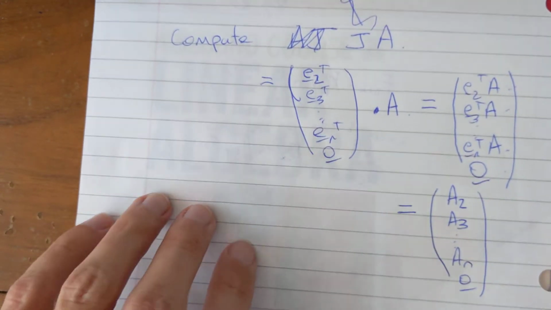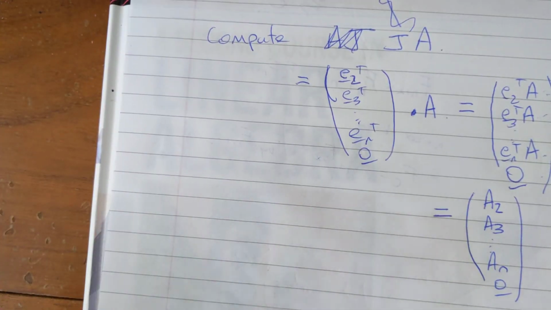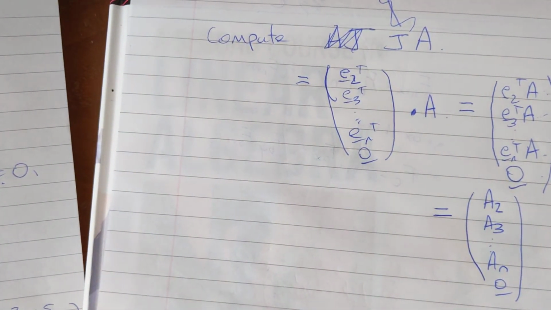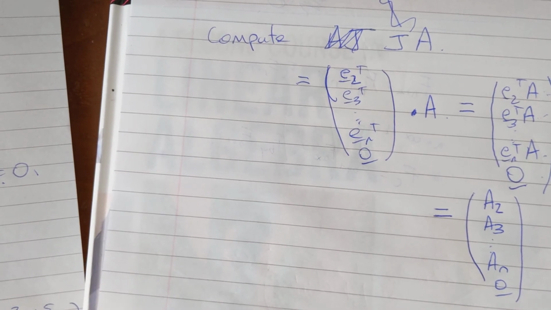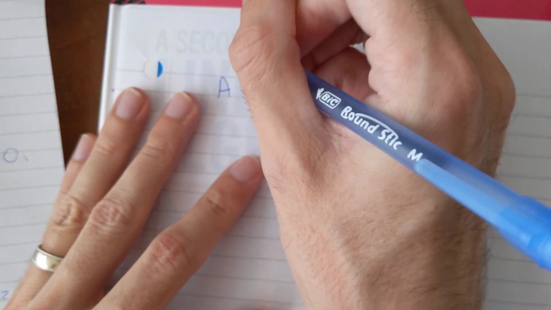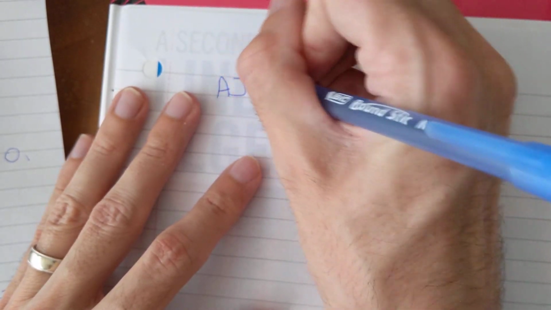Okay. And then let's compute A times J, the reverse direction. We did JA, so now what is AJ?